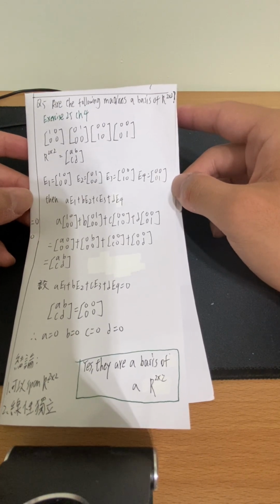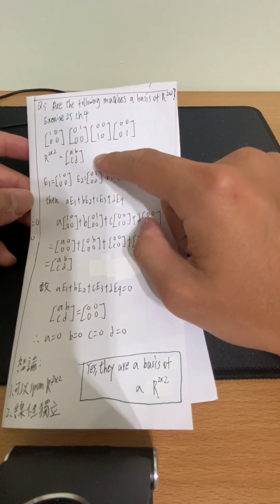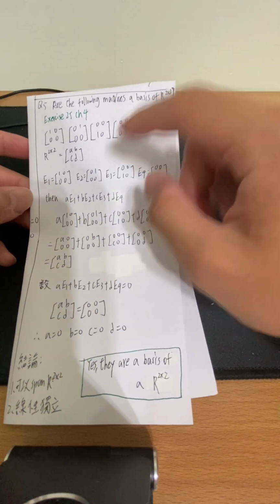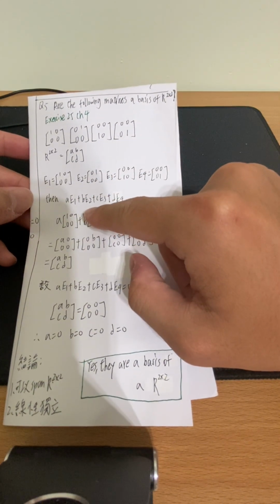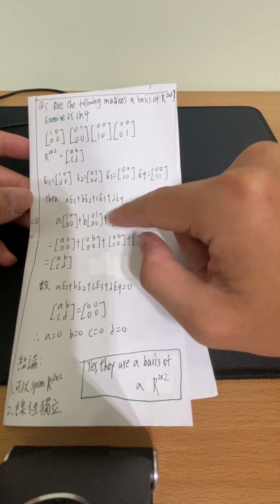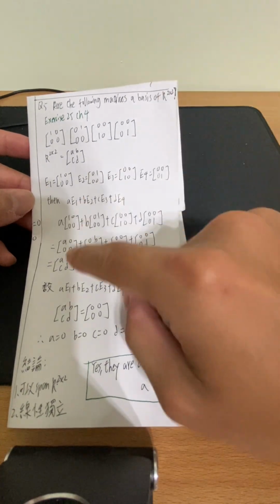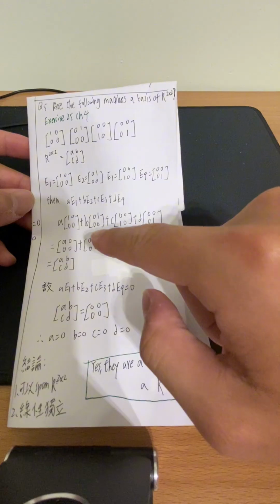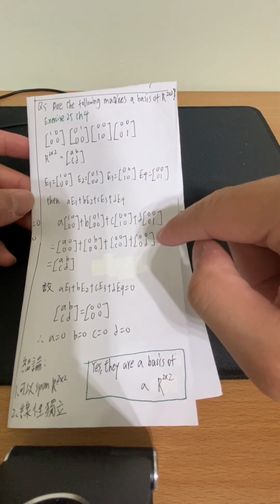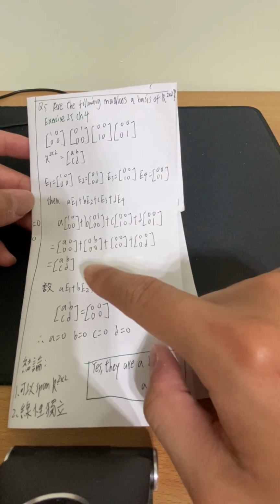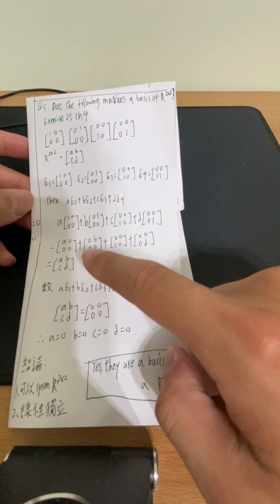Any matrix with entries a, b, c, d can be written as a E1 plus b E2 plus c E3 plus d E4. Then we use a, b, c, d to calculate, and we get a, b, c, d.